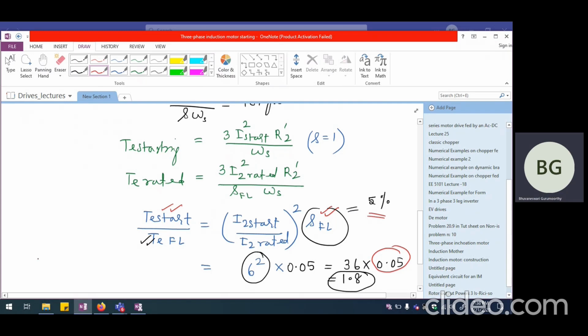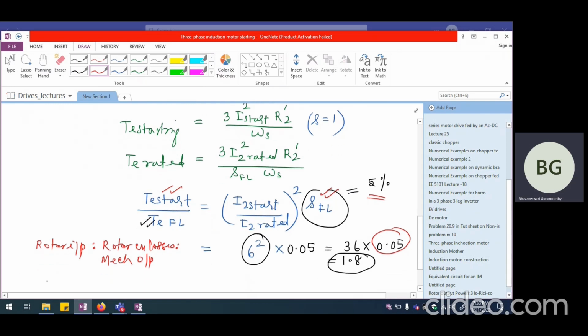We said that the ratio of rotor input to rotor copper losses to rotor output, or mechanical output, if you may recall: rotor input was 3 I2 square R2 divided by S, and rotor copper loss was 3 I2 square R2, and mechanical output was 3 I2 square R2 divided by S multiplied by 1 minus S.